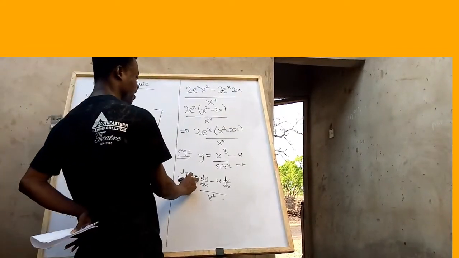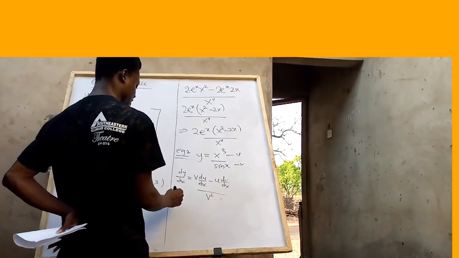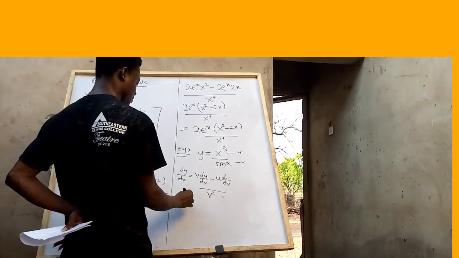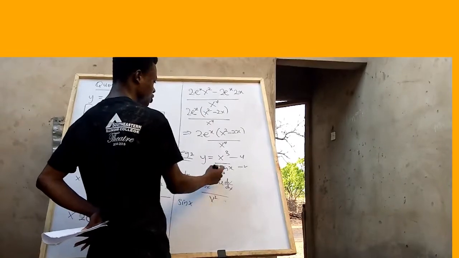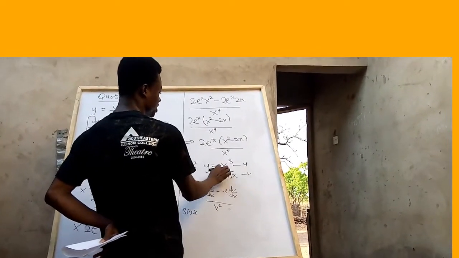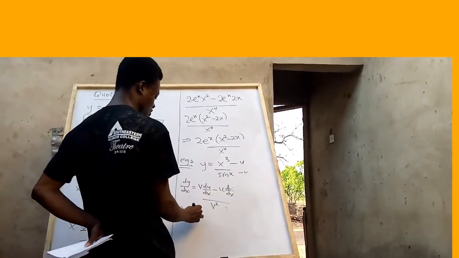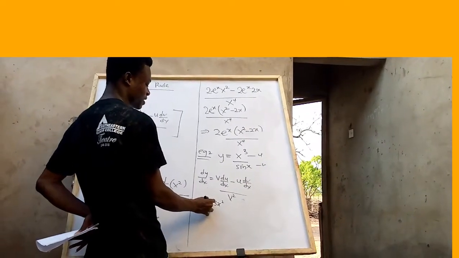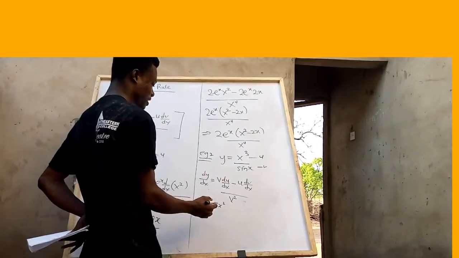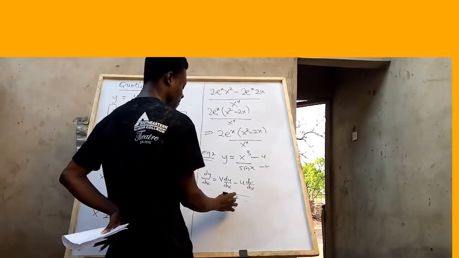So what is my v here? My v is sine x, so I write sine x here, and I find the derivative of u. The derivative of u here will be 3x squared. This dot means I'm multiplying, so don't be confused. Minus u.